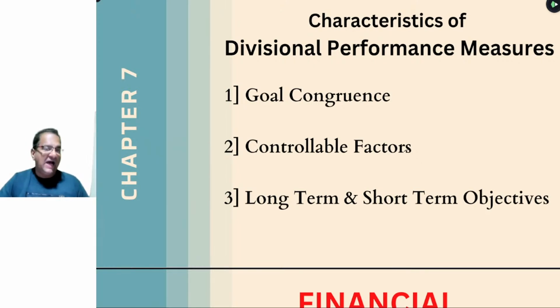Only those transactions which are under the direct control of a particular department, comma, that alone should be considered while measuring the performance.